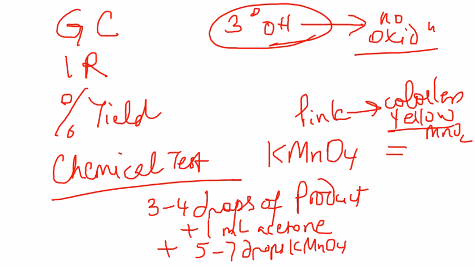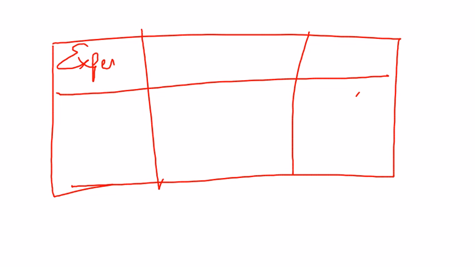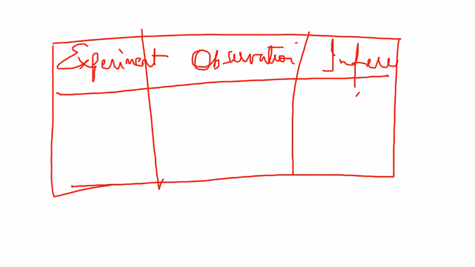The way you report your chemical test is you make a little table. You say experiment, you make an observation, and then you have inference.